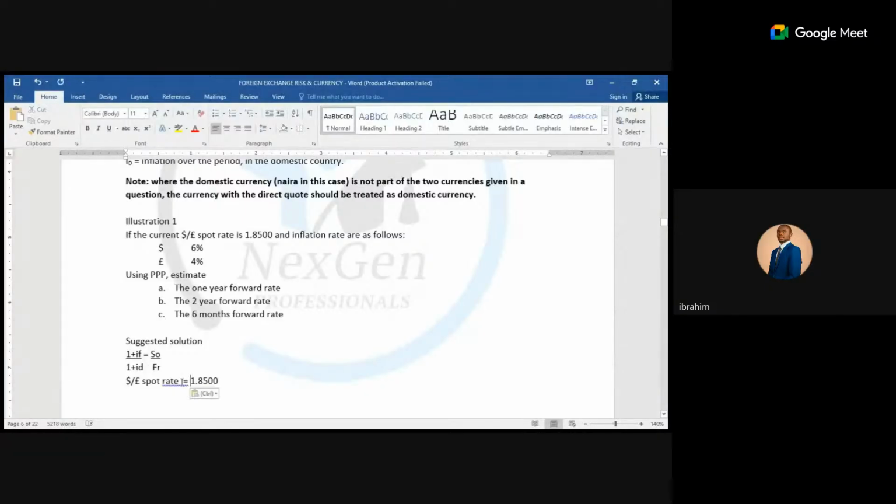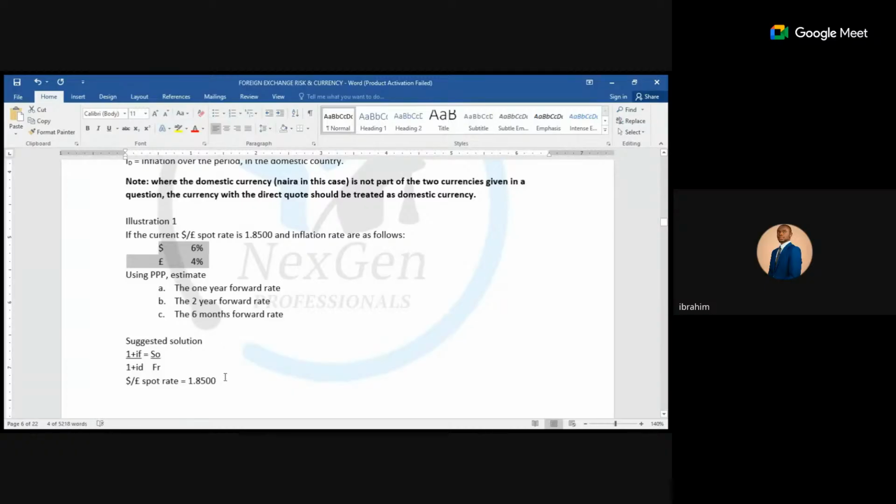So if we have this, right? It means that the dollar is 1.8500 to 1 euro. Now, we're given the inflation rate to be this.